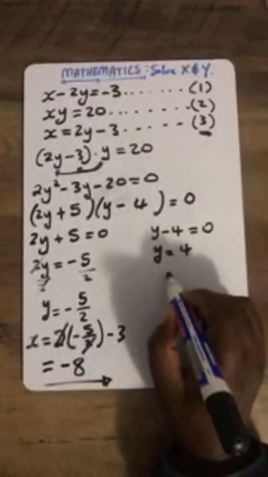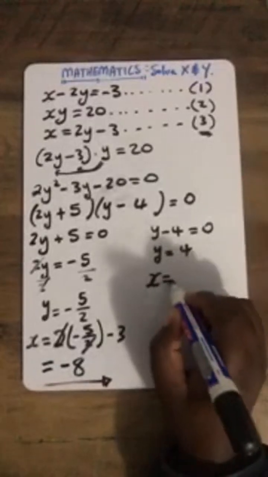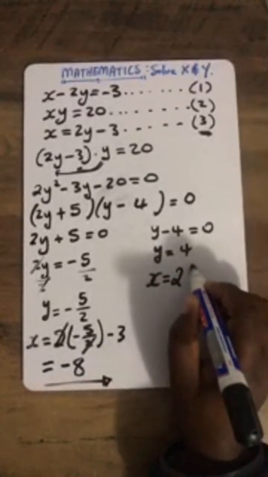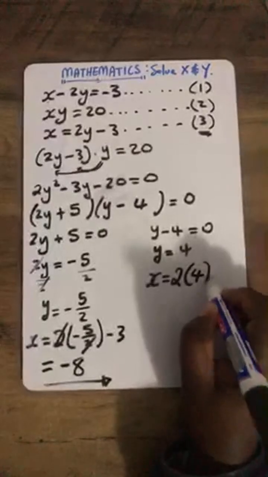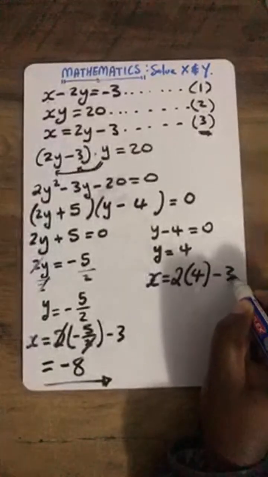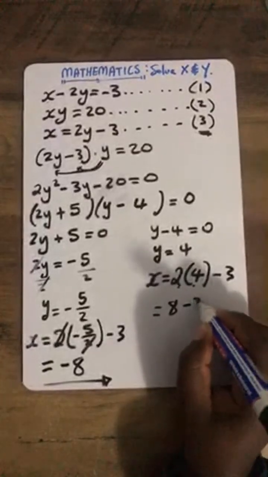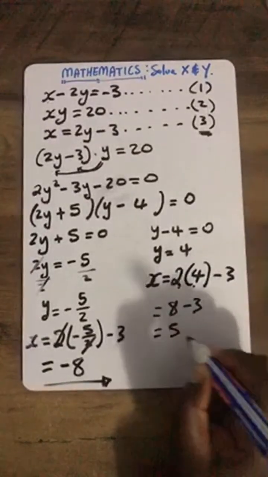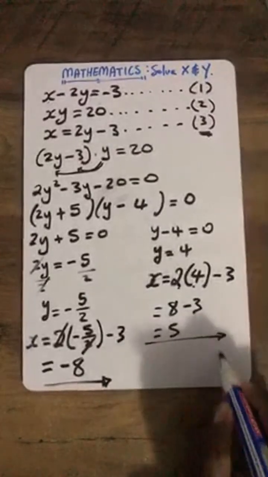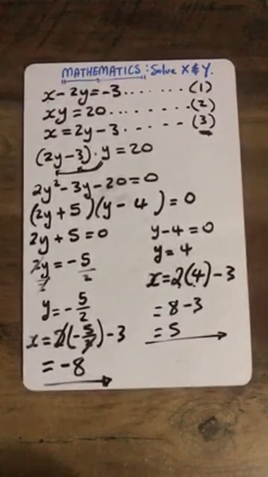And then on this one, you substitute that. So you have your 2 there into your 4 there, you minus that. So that times that, it is 8 minus 3, and then you end up having your 5. So this is what I'm getting, honorable members.